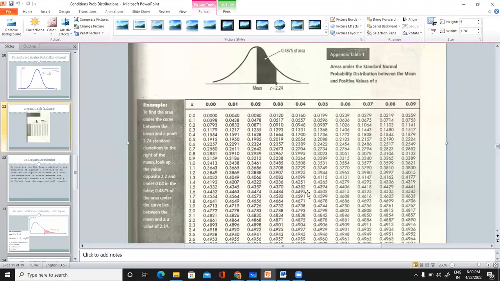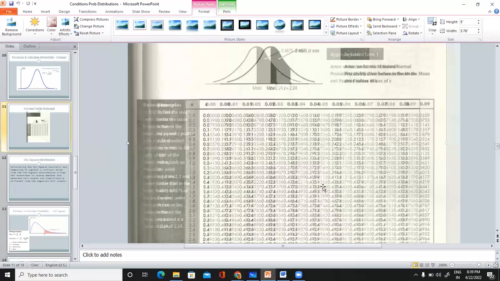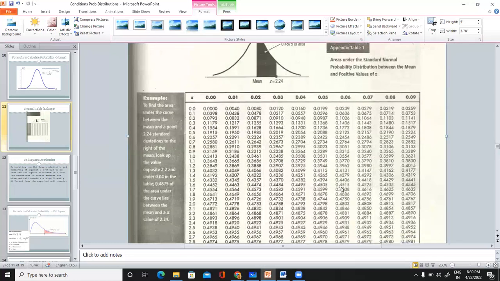So we want 0.4505 and 0.4495, both are very near to 0.45, that is 45%.